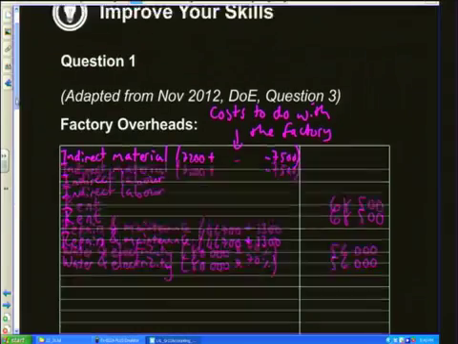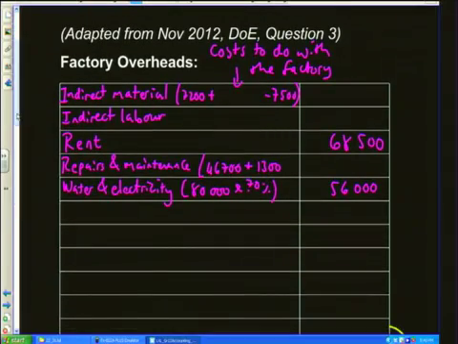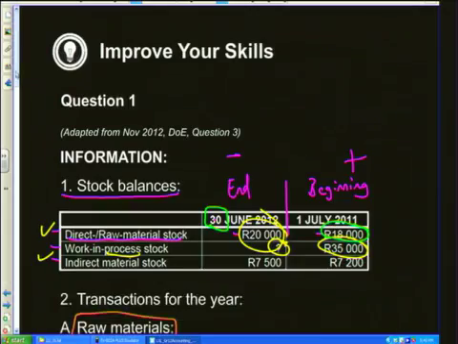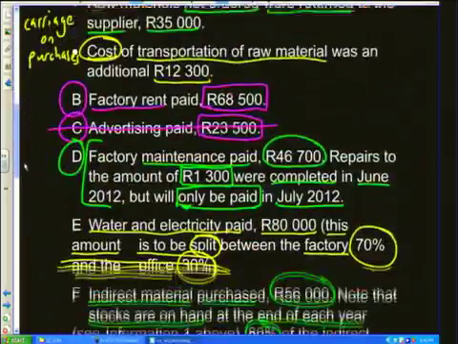And remember, before the break, we already set up our little indirect material account here, and we said 7,200 plus whatever we purchased minus 7,500, and that was the 56,000 that we've just read in that adjustment that is now being purchased. So we're going to put it in there. But that's not the end of our calculation, because the question tells us that we didn't use all that in the factory.